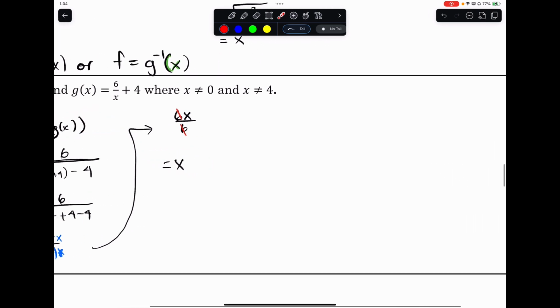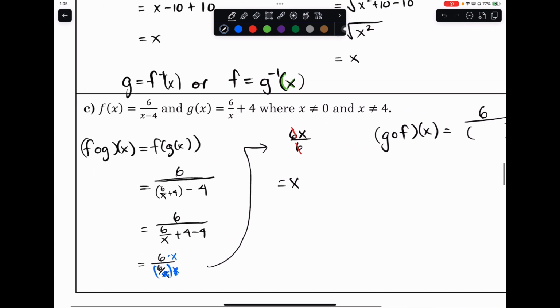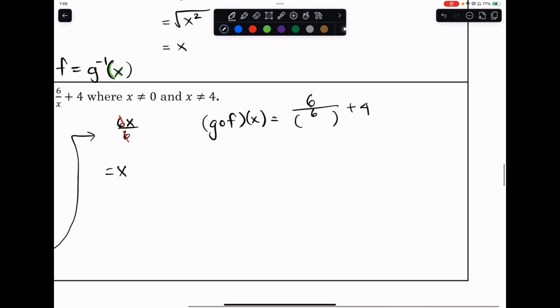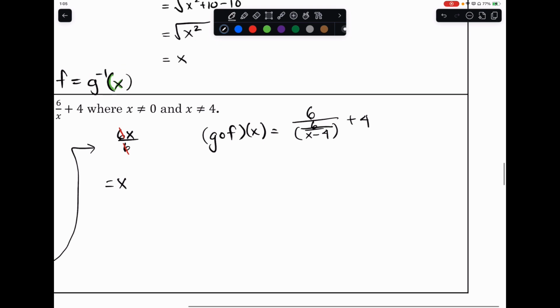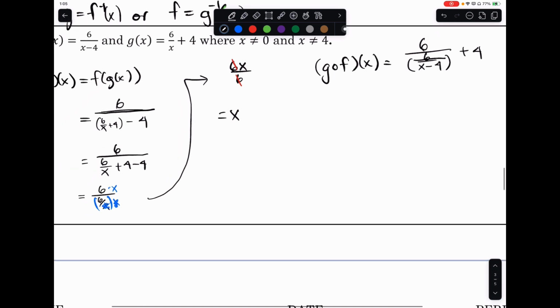Now let's go in the opposite direction and get the composition of g of f of x. So we're going to start by writing the function g, and in the x, we're going to replace the x with the function f, which is 6 over x minus 4. Now, to simplify this, we're going to do the same trick that we did at the very end over here.